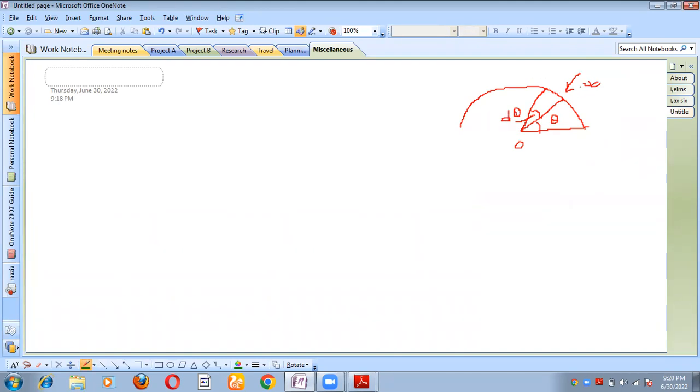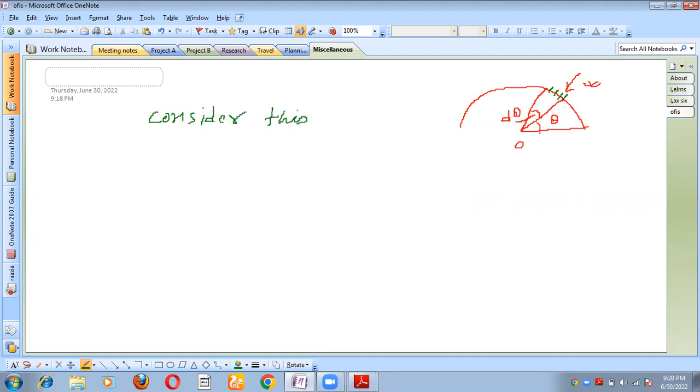So what we will do first, we will find how we will find the electric field due to this elementary portion. We will apply Coulomb's law, or the general formula of electric field due to a point charge. So we will consider this element.